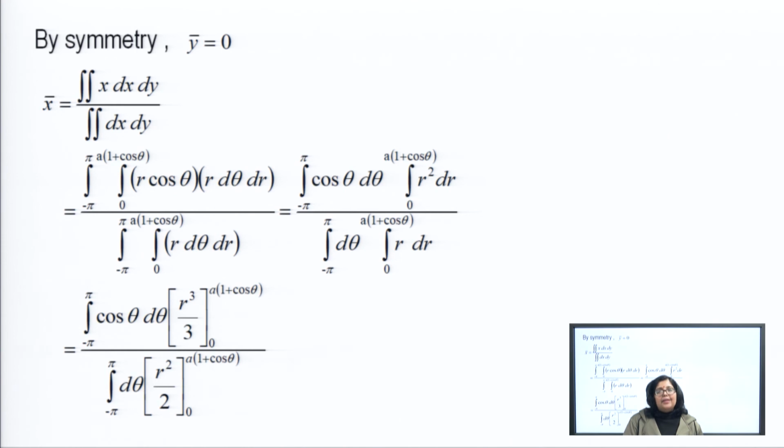and now we find the limits of r and theta, because we are in polar coordinates.